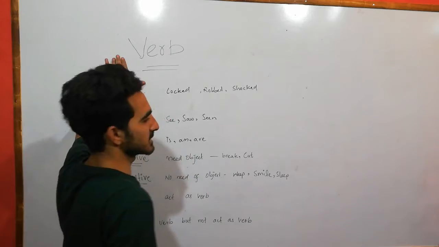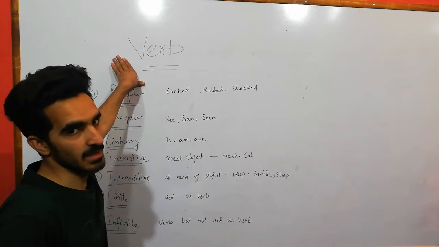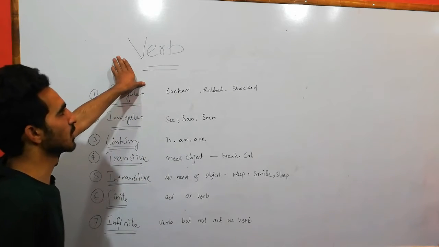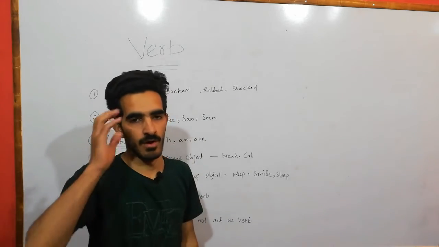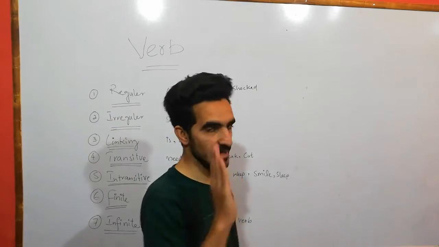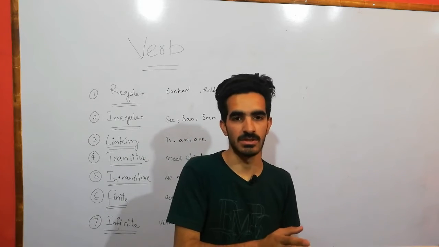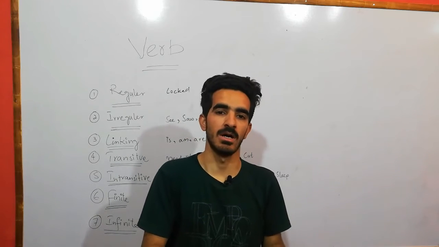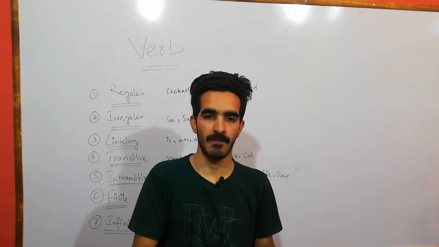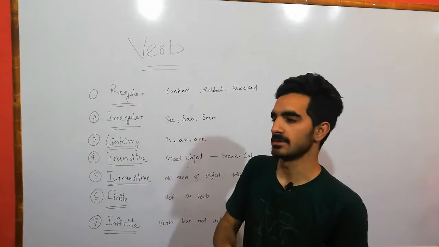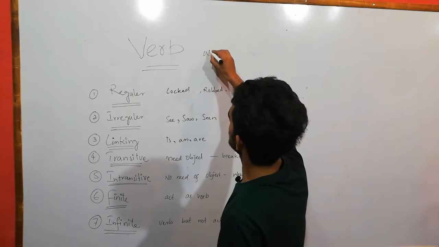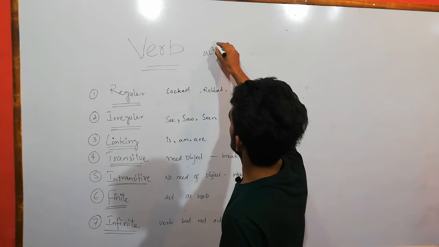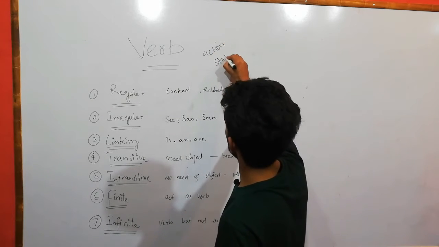So a verb is generally an action word, maybe you know. In a sentence, when a word shows action, that action word is called the verb, right? But a verb is action as well as state.